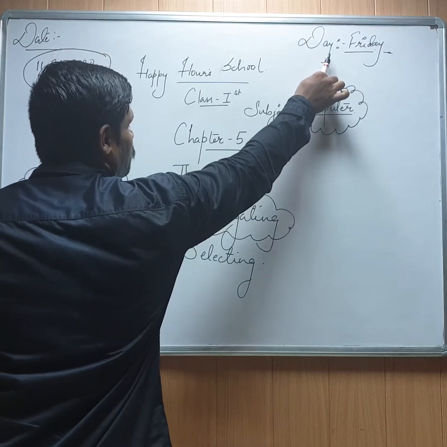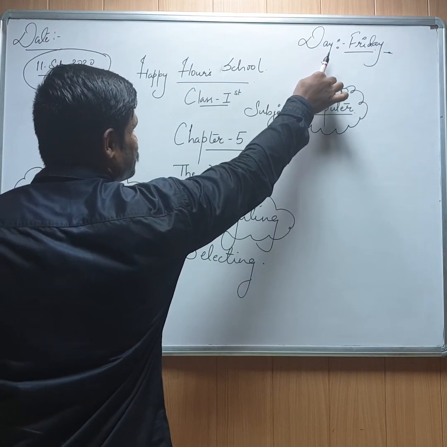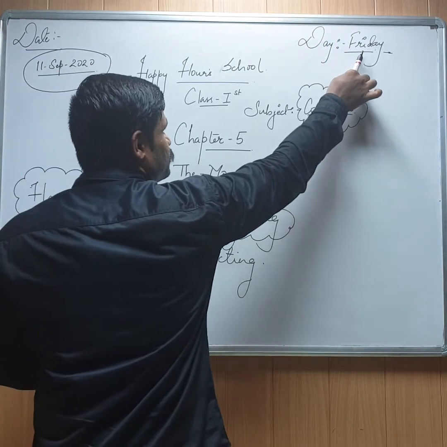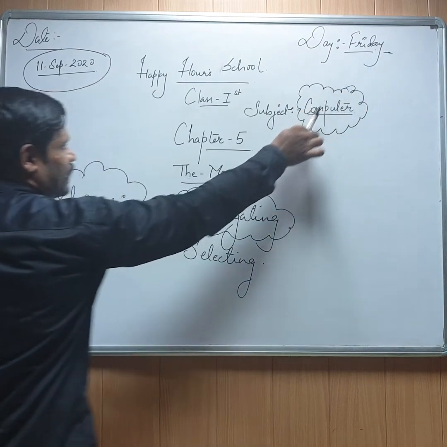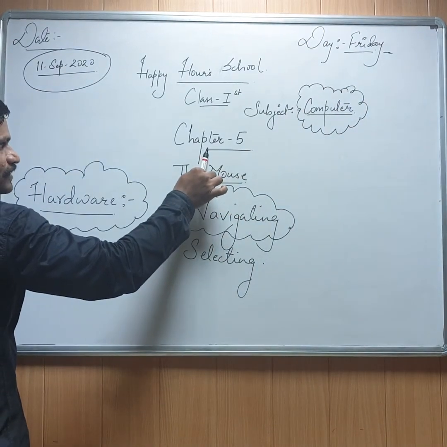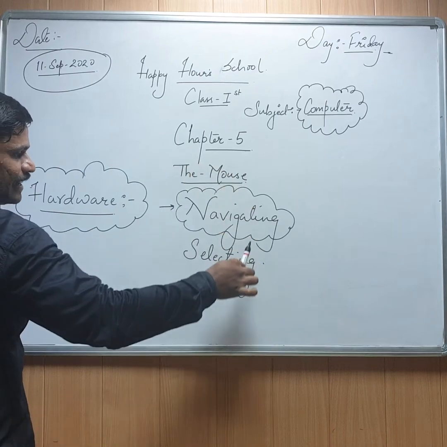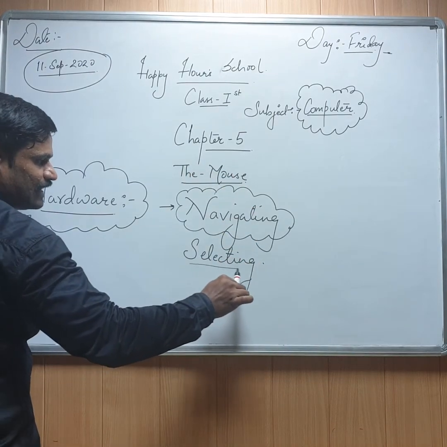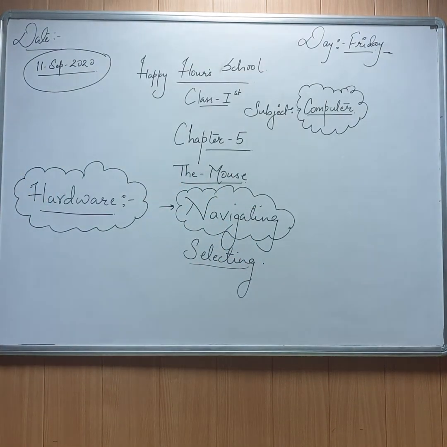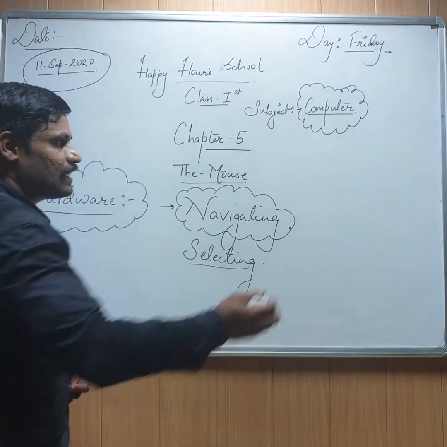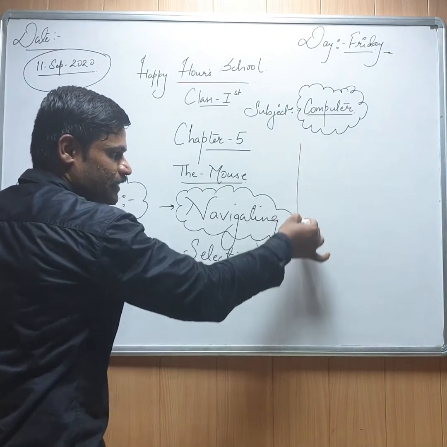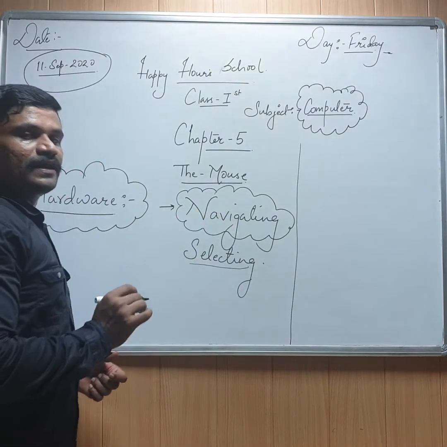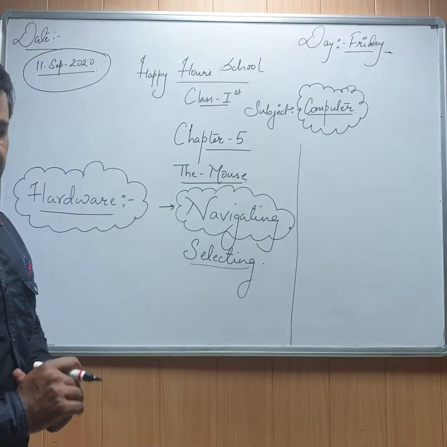Right now I am pointing towards the heading day. Now I am pointing towards the heading Friday. Now I am pointing towards the topic chapter. Then I am pointing towards some other word, let's say selecting. So all this, what I am doing, is moving on different parts of the screen. This is known as navigating.